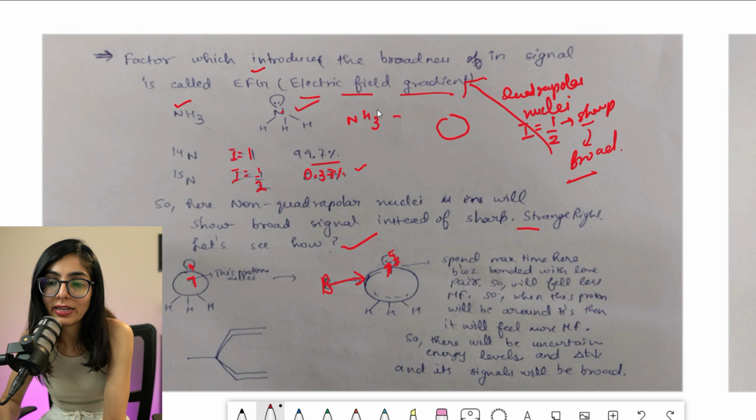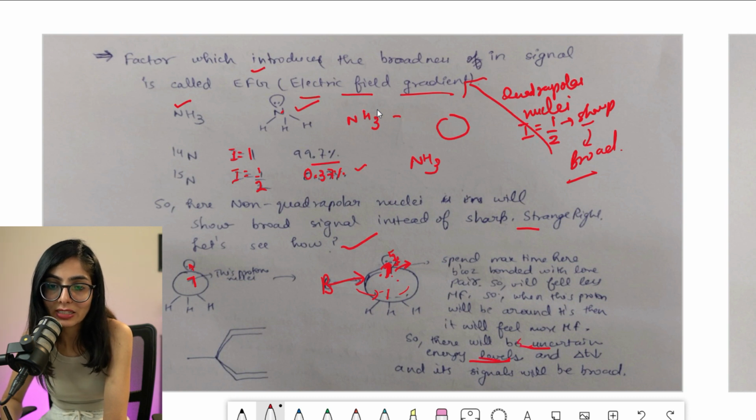When you put ammonia in an external magnetic field, this nucleus will feel less magnetic field while it is spending more time here, but the moment it comes down over here, more magnetic field will be felt. So due to the axial symmetry of NH3, unevenness will come. There will be an unbalanced magnetic field felt by this spin, so there will be uncertain energy levels.